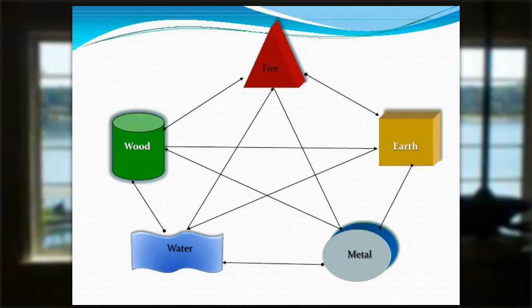The next one, earth muddies water. So if you have too much water in a particular room, and you really have this thing about the color blue, for example, you can always bring more of the earth environment in to douse the effect considerably. Okay, and earth can be brought in, again, 3 ways. The colors are yellow, brown, and beige.